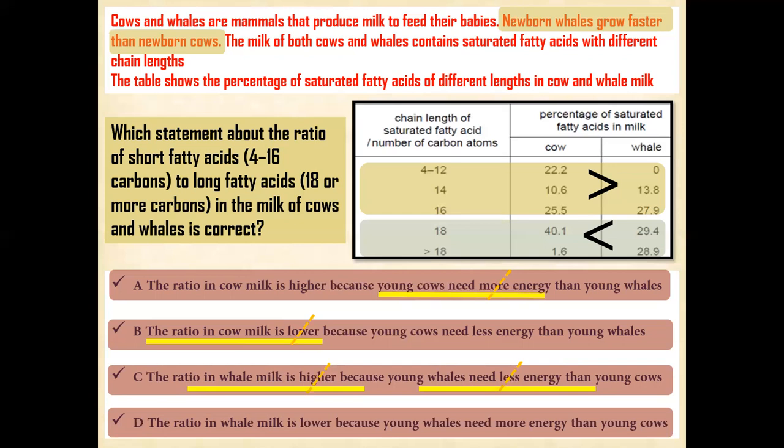As we studied, short chain fatty acids, which contain a low number of carbons, release low energy as compared to long chain fatty acids. The newborn cow is growing at a lower rate as compared to the newborn whale. So the newborn whale contains a low amount of short chain fatty acids while it contains more long chain fatty acids. So according to the given data, this statement is correct.